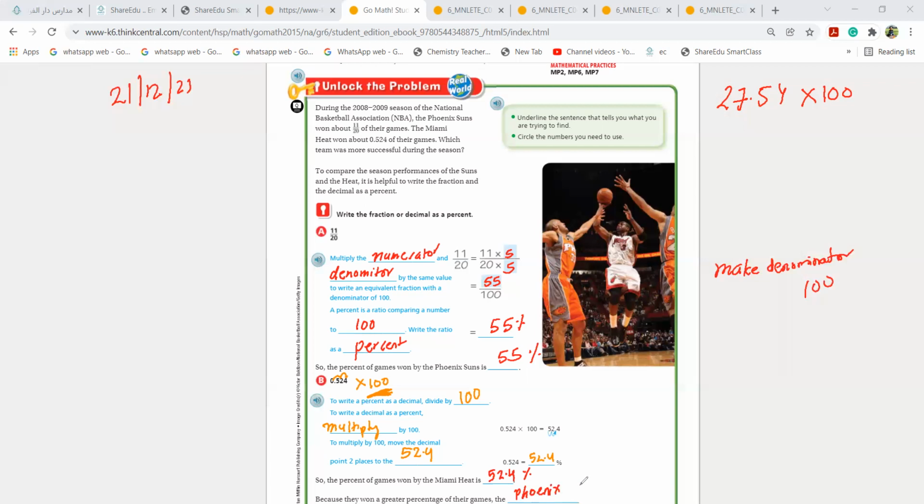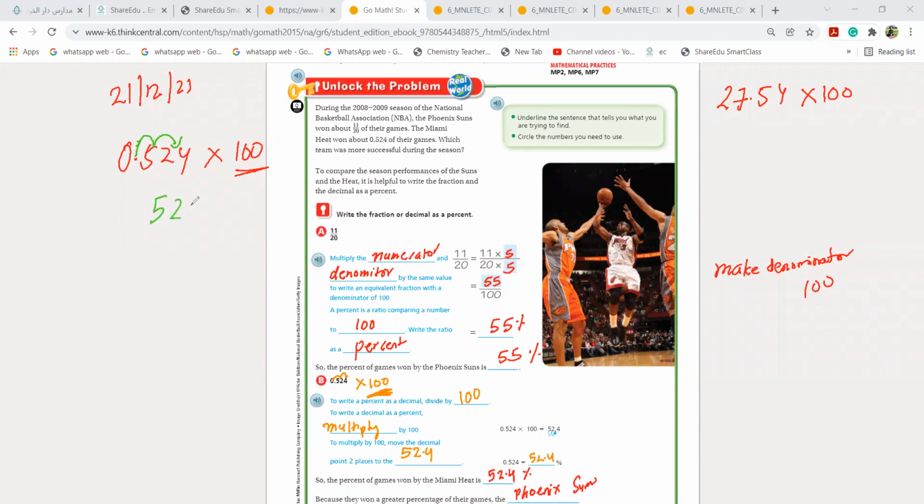Miss, but how do you get 52 and 4? My dear, what did I tell you? The question is, they want to know 0.524 as a percent. What did I say you multiply by? 100. How many zeros are there in 100? 2. So you will move 2 places, not to the left, but to the right. 1, 2.